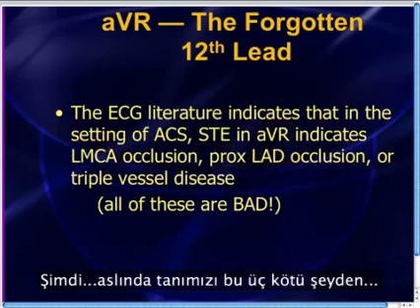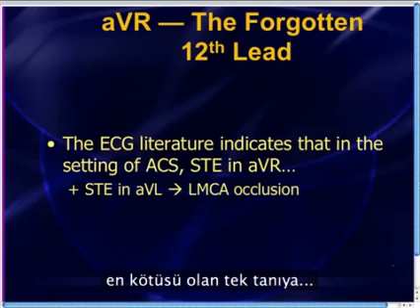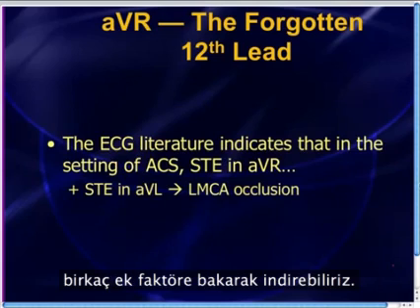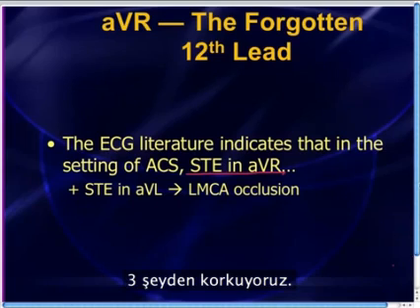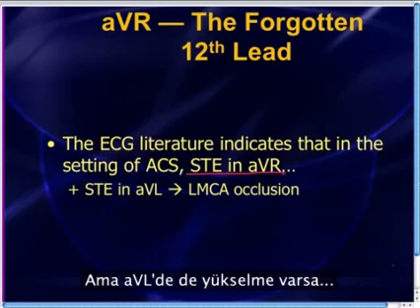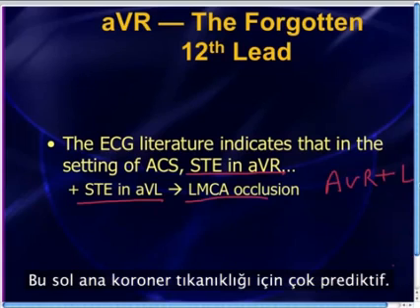All right. Now, we can actually narrow that differential from those three bad things to the one worst of all if we take a look at a couple of additional factors. When you have ST elevation in lead aVR in that setting, there's three things we're worried about. But if there's also elevation in aVL, in other words, ST elevation in aVR plus aVL, then that's very predictive of left main occlusion.